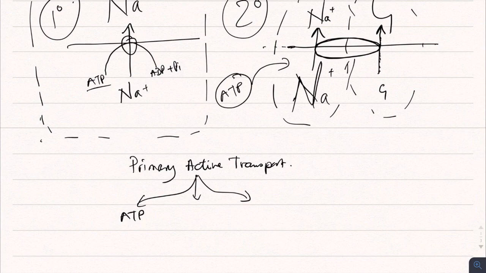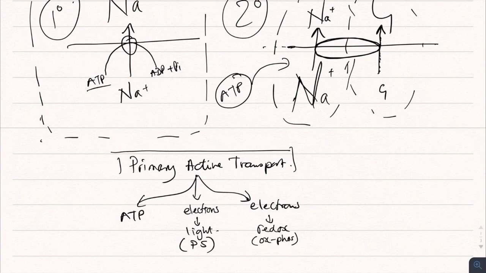Well, they both involve electrons, but one uses electrons charged up with the energy from light. That's in the electron transport chain in the light-dependent stage of photosynthesis. And the other one is using, again, electrons, but from the redox reactions, from the transfer of electrons between electron carriers.